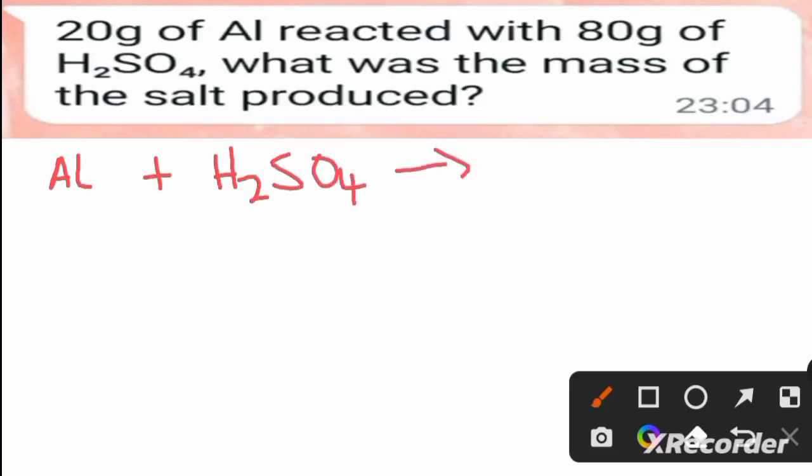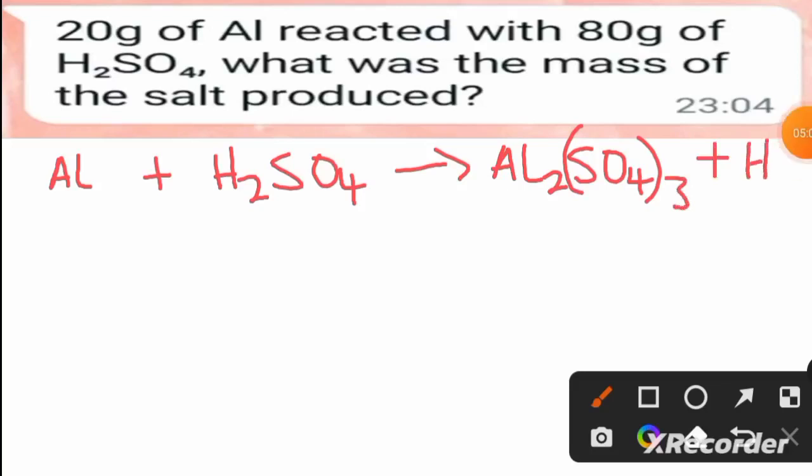These two reactants will lead to the formation of aluminium sulfate plus hydrogen, according to the chemical properties of acids. The next thing that we are going to do is to balance this chemical equation.